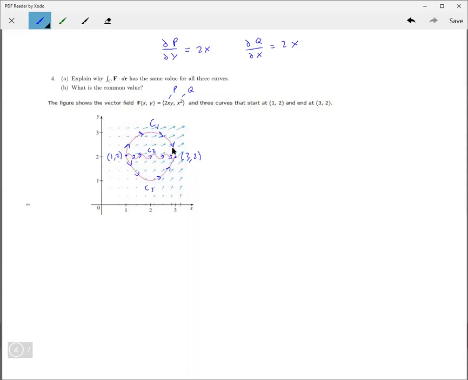Which means it doesn't matter what path you choose because it only depends on the end point and the beginning point. So the answer to A was the last one. So the vector field is conservative.